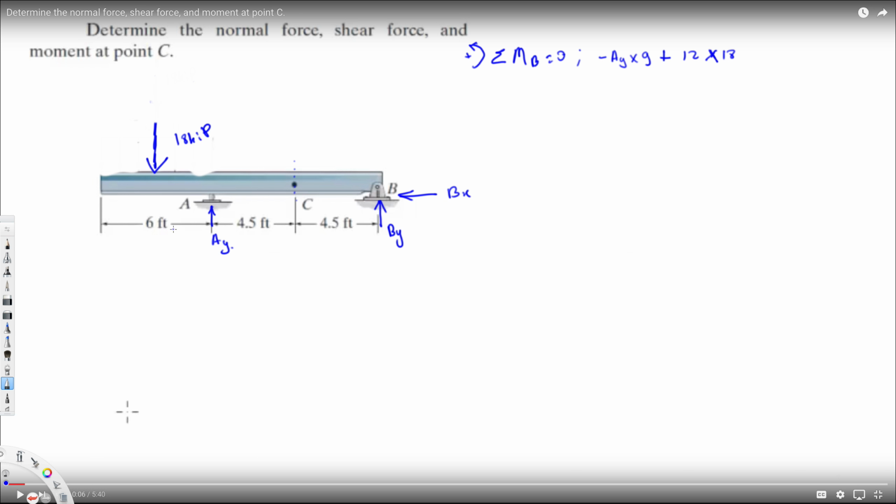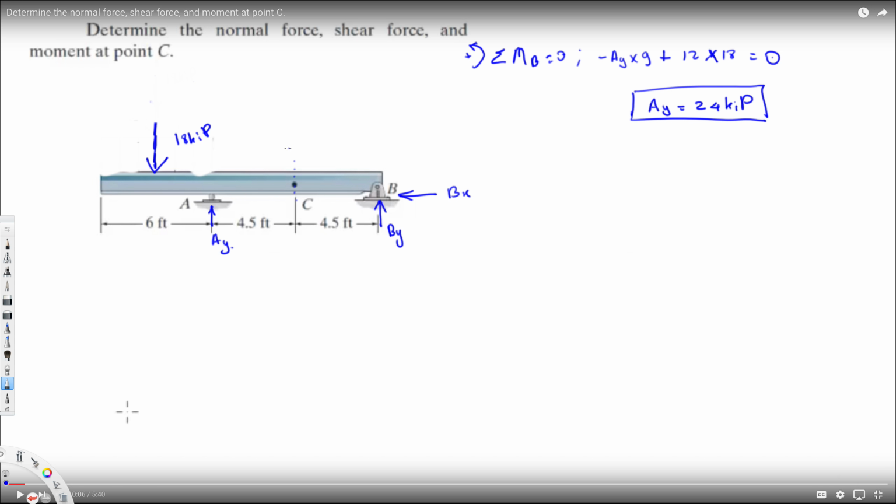These are the only two moments we have, so this is going to be equal to 0. If I solve for Ay, I will get 24 kilopounds. This is my final answer for Ay. So now we have Ay.